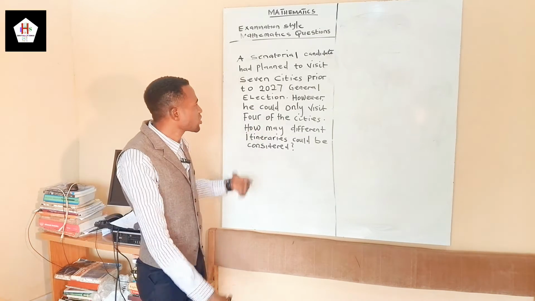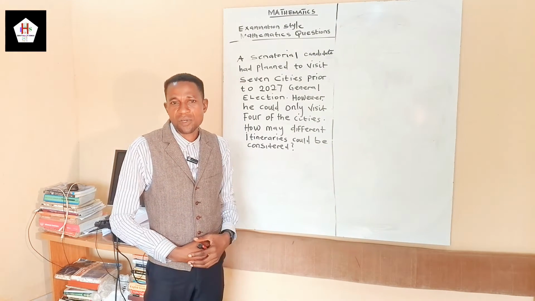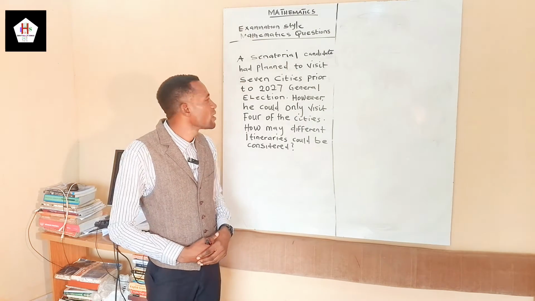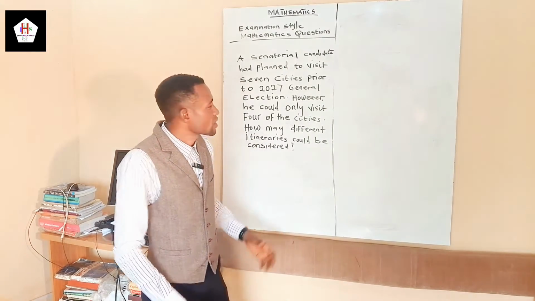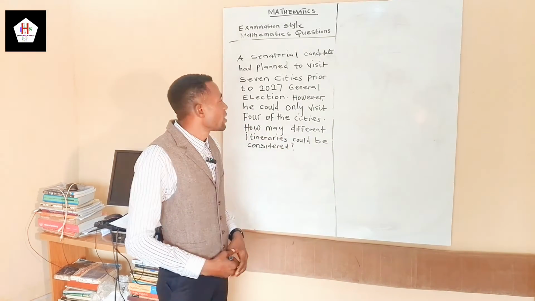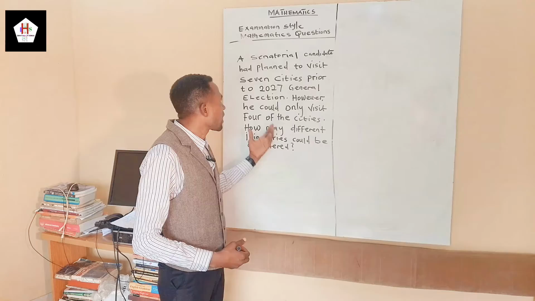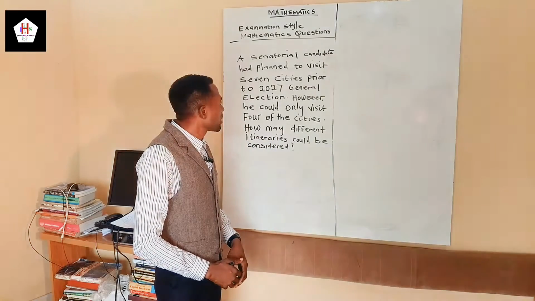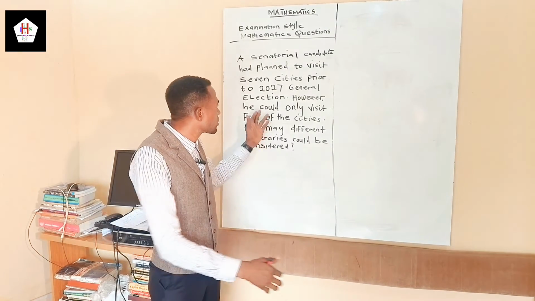When you see a question like this, you'll be wondering, what are you going to do and how are you going to start? I want to call your attention back to what we call permutation. This very man had planned to visit some cities, but because of circumstances, he could only visit 4.